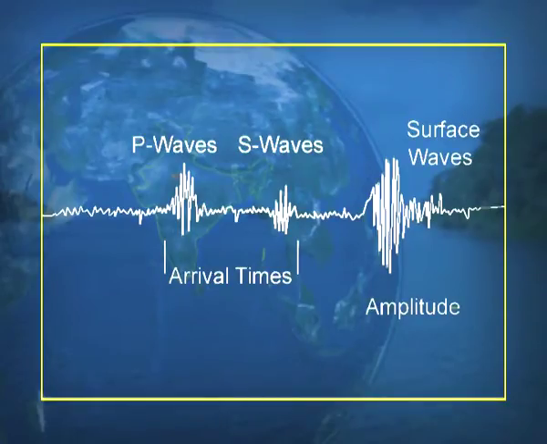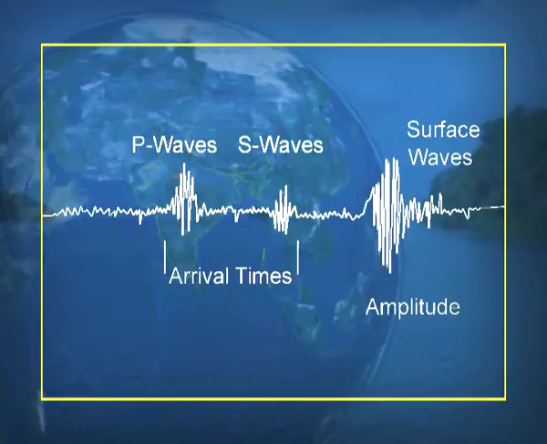Now earthquake waves travel through and on the surface of the earth, and if you can see this diagram, it gives us the earthquake wave diagram, how the waves appear on the seismograph with respect to P waves, S waves and surface waves.